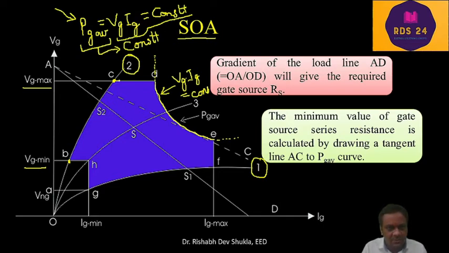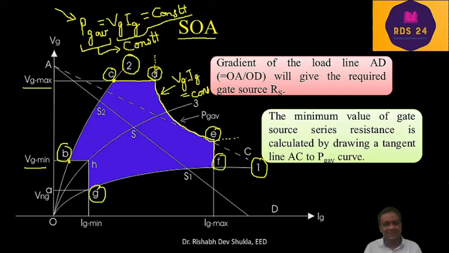We draw perpendiculars from this curve and also from here. So the safe operating region of the gate drive will lie between B, C, D, E, F and G.